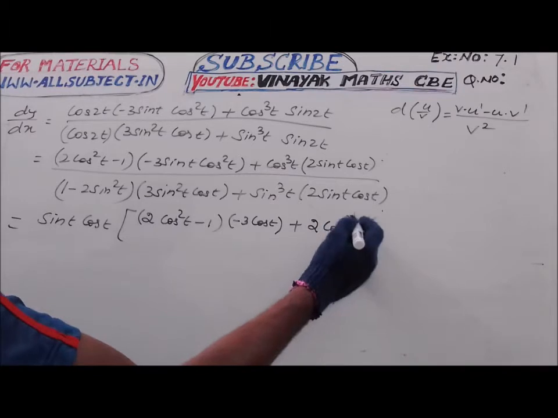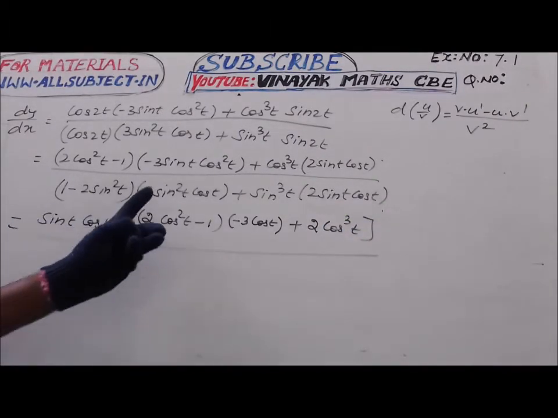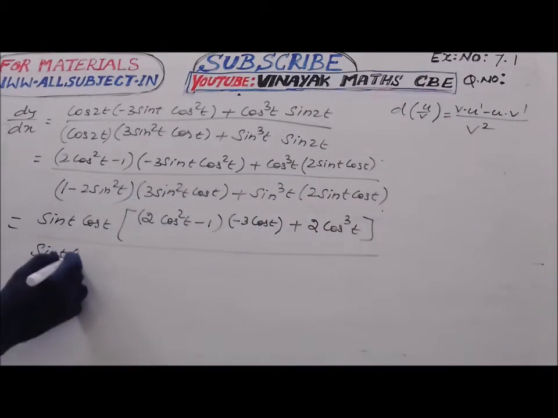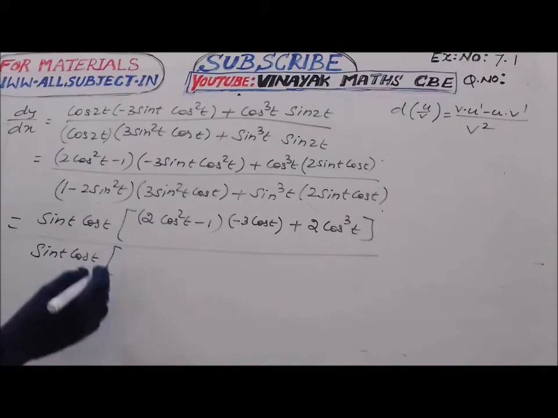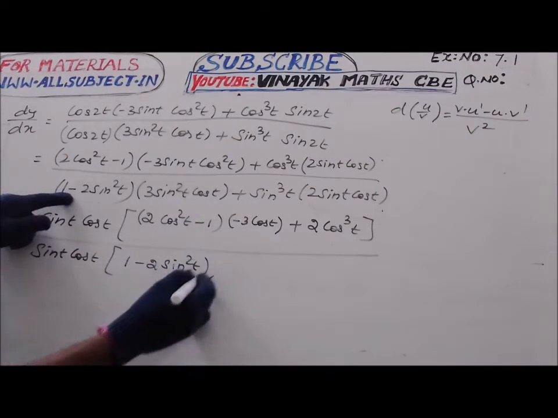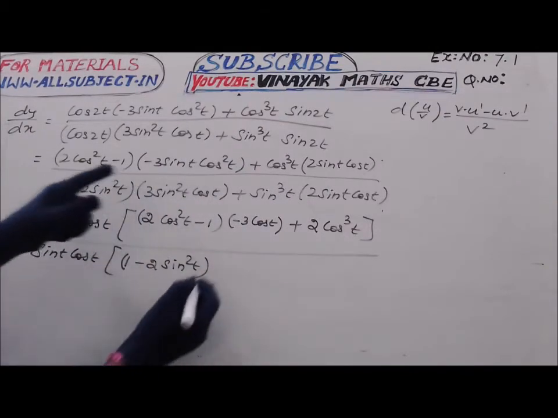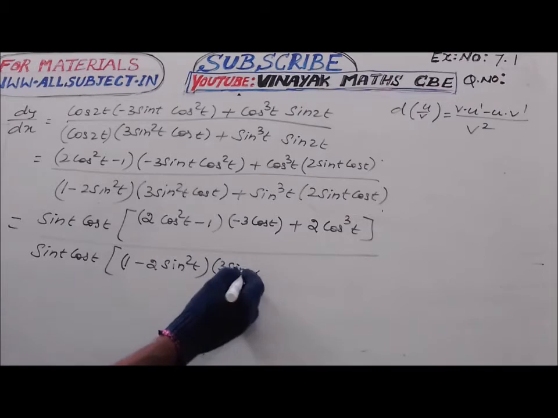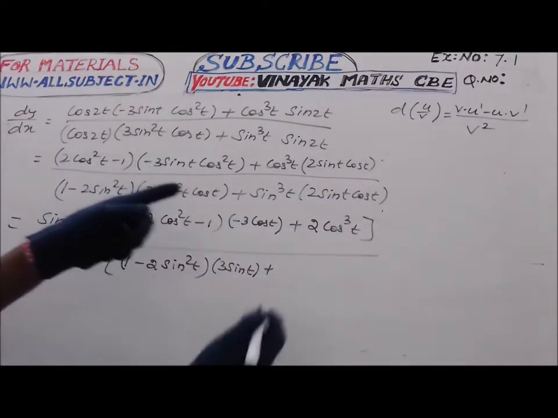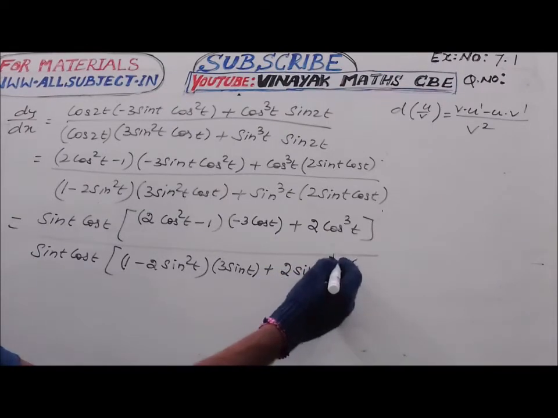In the denominator, taking sin t cos t common out, remaining is 1 minus 2 sin square t into 3 sin t plus 2 sin cube t.